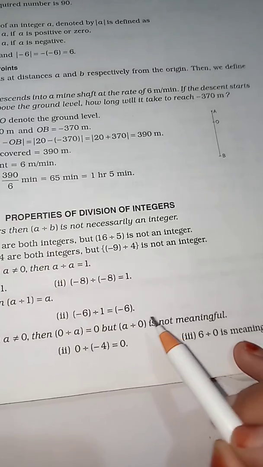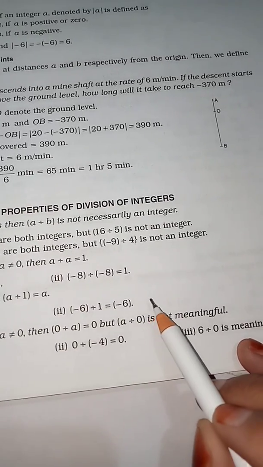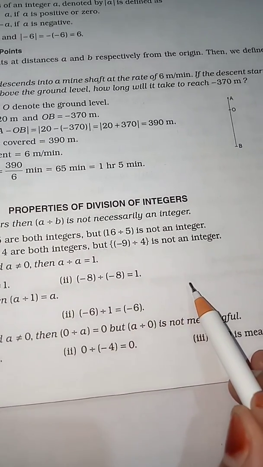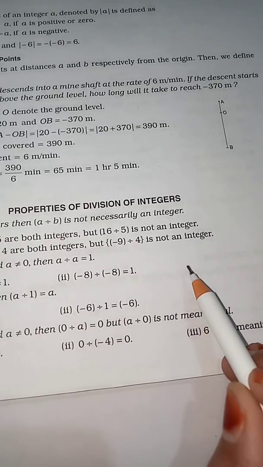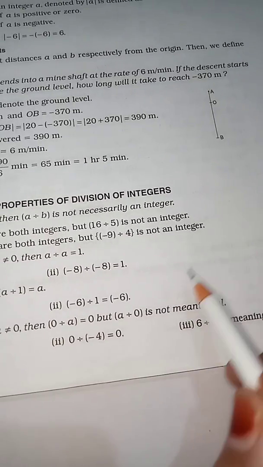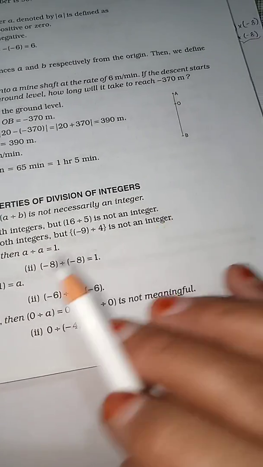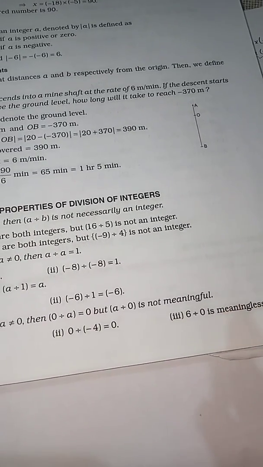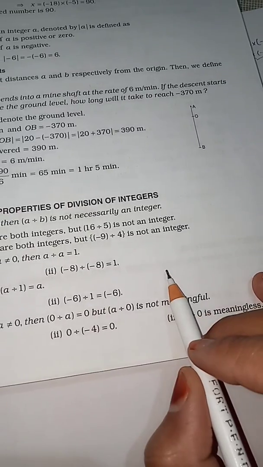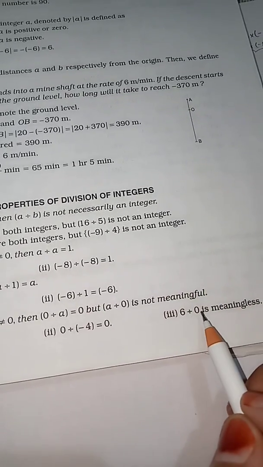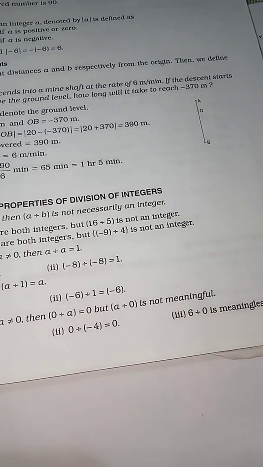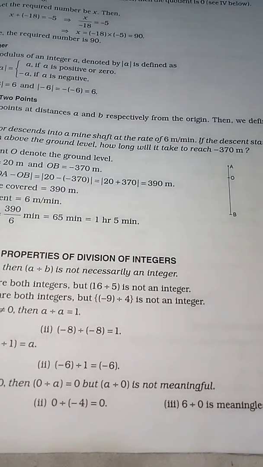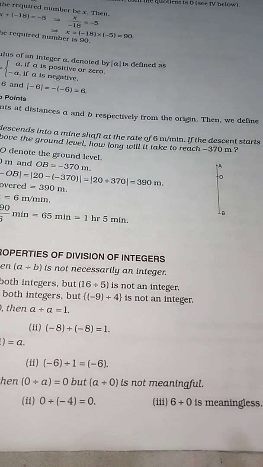But any integer you divide by 0, suppose 5 divided by 0, that is actually not meaningful. It is meaningless. 5 divided by 0, 4 divided by 0, 6 divided by 0, any such number is meaningless. We don't know the calculation.